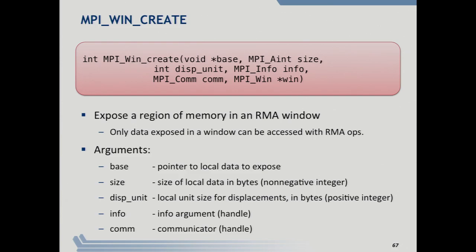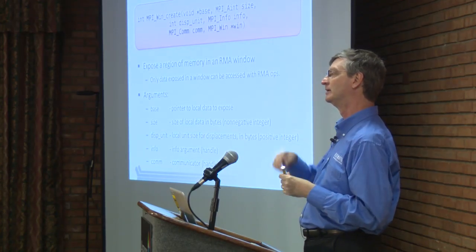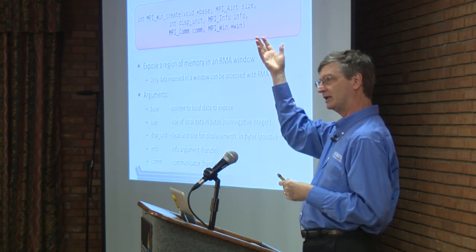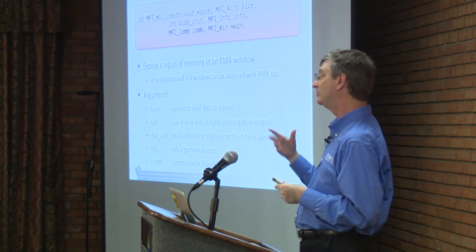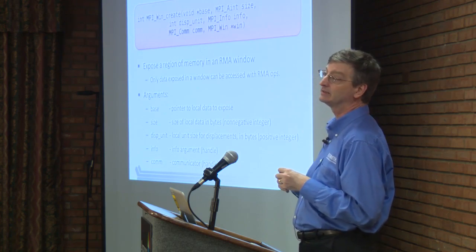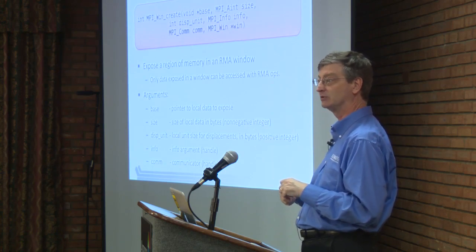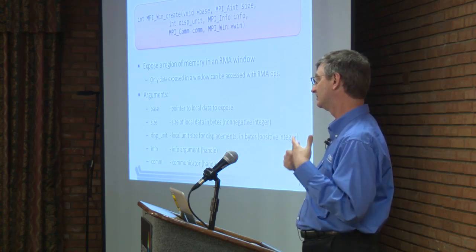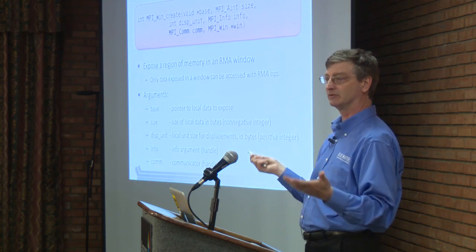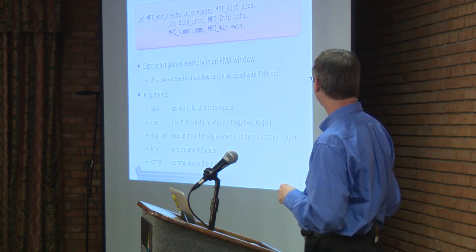So I can say I have a string name, and it has a string value, and my info can have a whole bunch of those. And I can use those, for example, to tell MPI win create that I'm only going to use one particular synchronization model that might be a little more efficient than the general case. And we'll say something about that a little later.